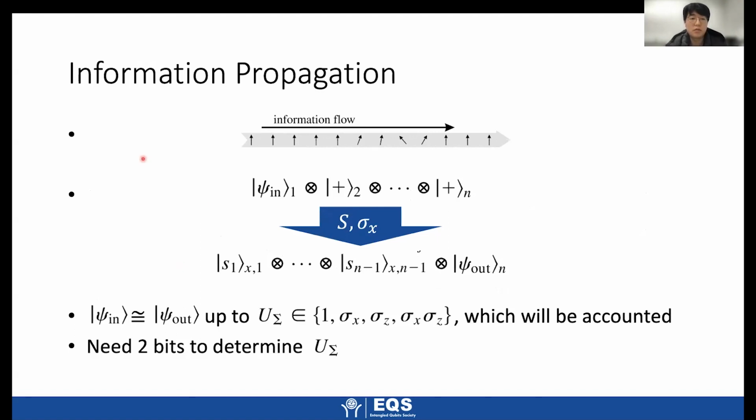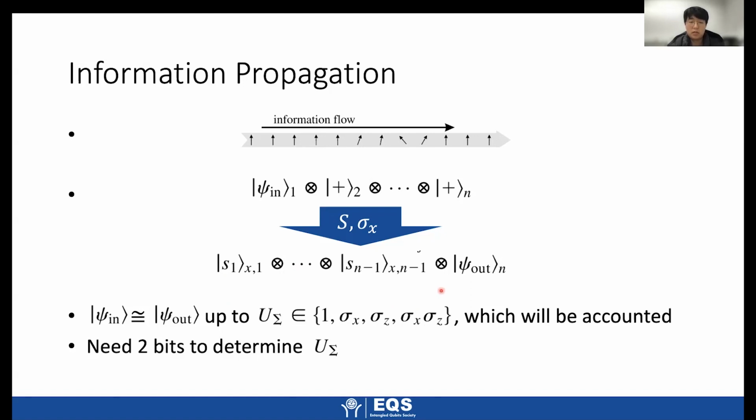Here is how to propagate information. We can prepare this kind of state. We have all the initial states, and we'll discuss this initial state later, but let's just say this is possible for now. We perform entanglement as we discussed before, and measure all qubits except for the last one in the X basis. Then we have this kind of state depending on the measurement result.